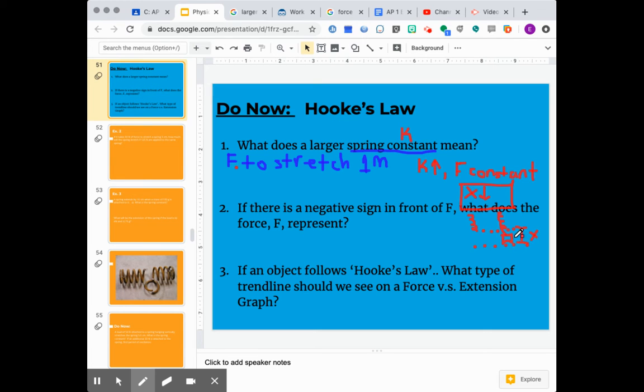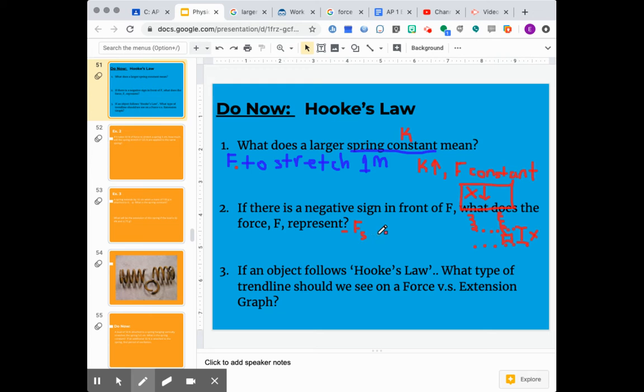The restoring force will point back towards the equilibrium position. So if F is negative, it represents the restoring force, the force required to return the object back to its equilibrium position.